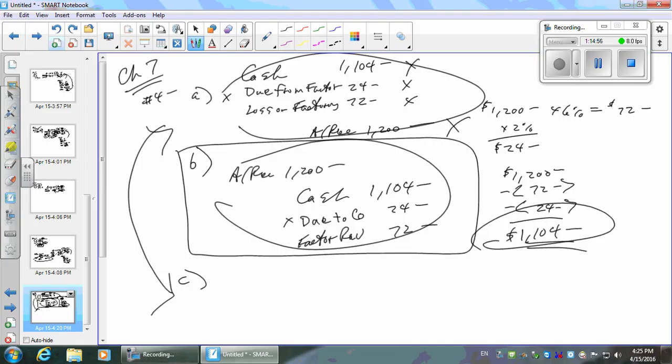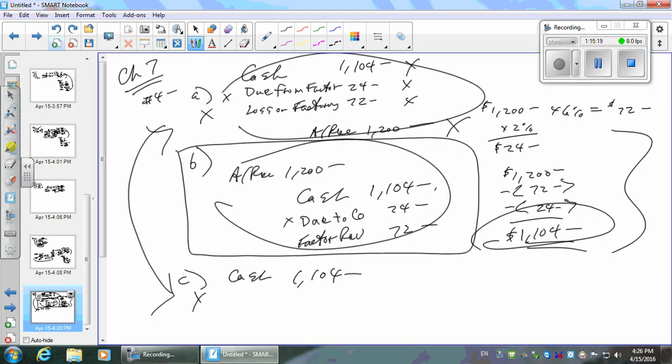What is that thing? That's a recourse liability, isn't it, of 21? So look how little changes here in C. How much cash are they going to give you? Exactly the same amount, right? Because all they know about is this here, right? So they're still going to give you cash of 1,104. Remember, both of these are on Dexter's books, right, guys?